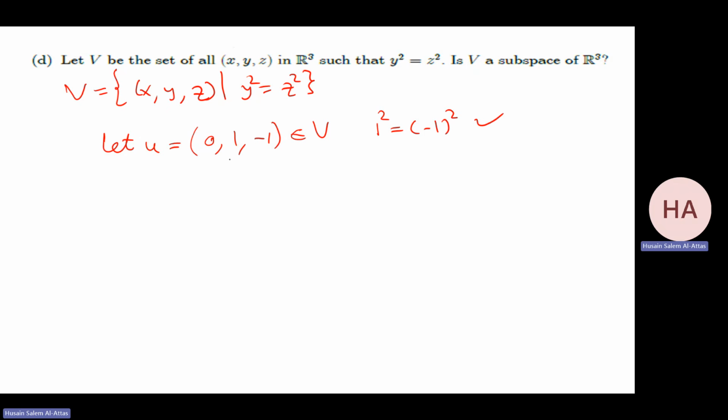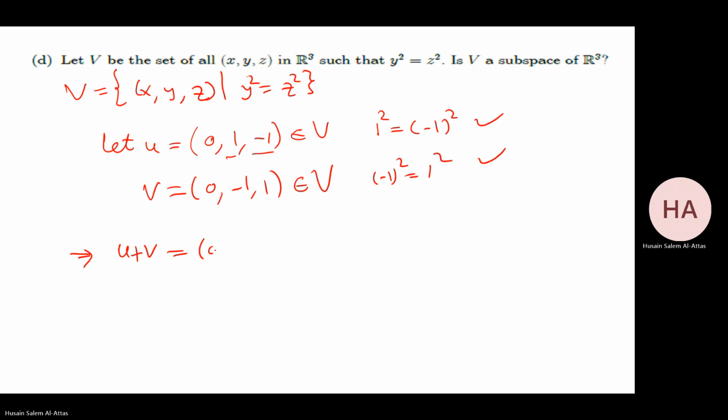Let v be the other way, (0, -1, 1). This belongs to V since (-1) squared is equal to 1 squared. This is true. Now u plus v will be what? (0, 0, 0). This does not belong to V. No, still it belongs to V. No, no.